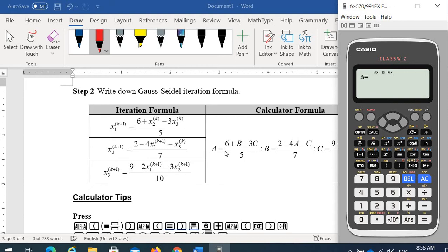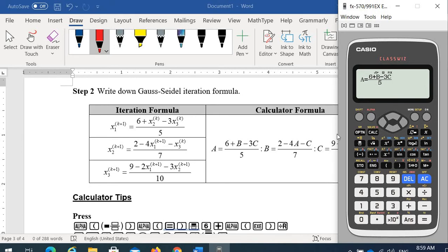Okay, the equal here. If you want to calculate 6 plus B minus 3C divided by 5, store in A, you have to use this equal, the red color equal. And then I have 6 plus alpha B minus 3 alpha C, go down, divided by 5.